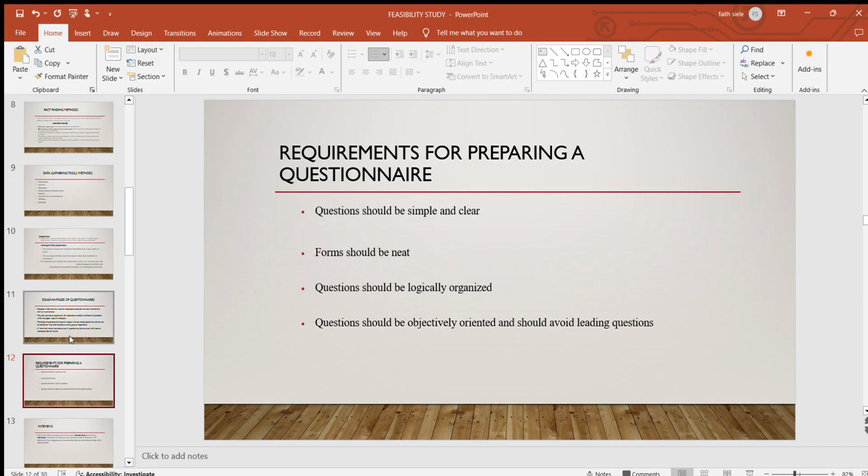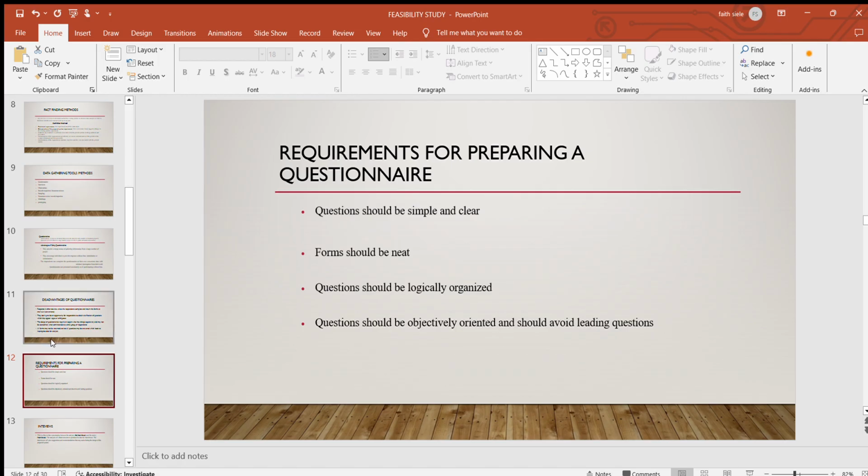It should be logically organized, and it should also be objectively oriented and avoid leading questions, so that it should not bring about any bias in the results or responses from the respondents.